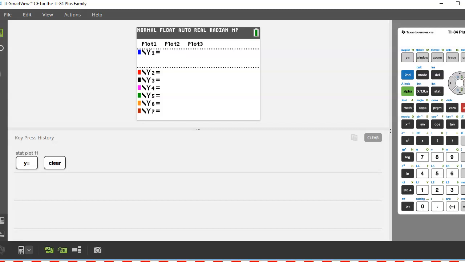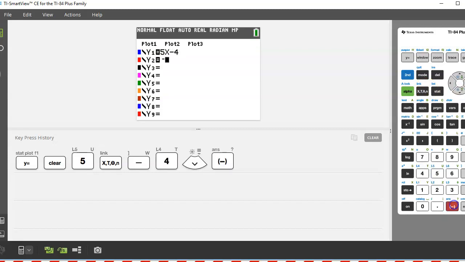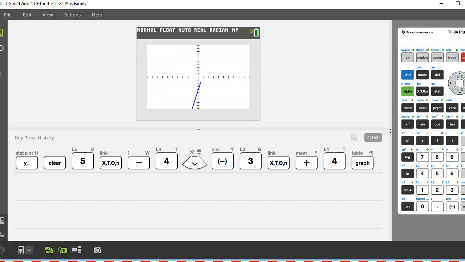Yes. I'm about to do it, yes. Alright, so once your equations are in here, y equals, graph them, then go into second trace or calculate.